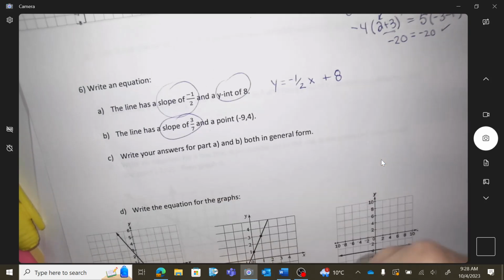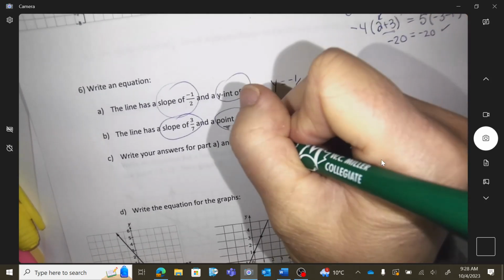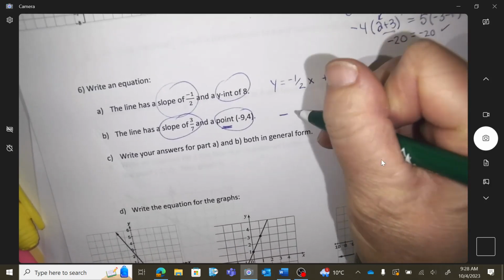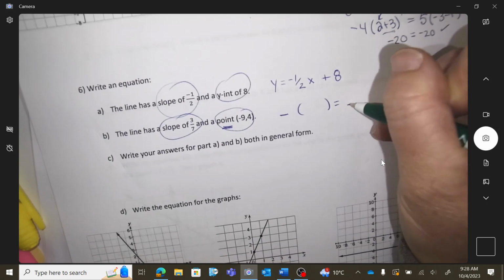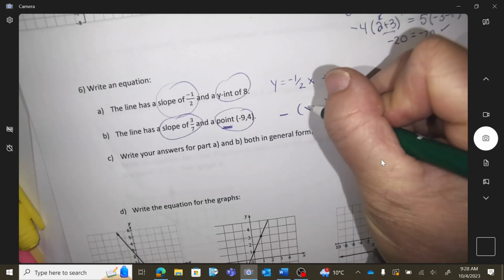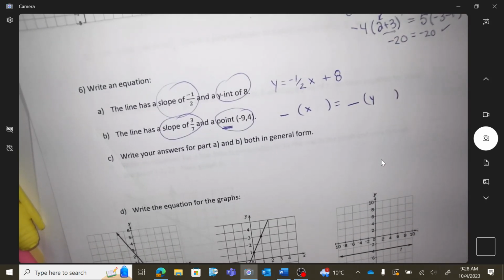This one has a slope of that and a point. So I'm going to use the bracket one, point slope. There's the x variable, there's the y variable.